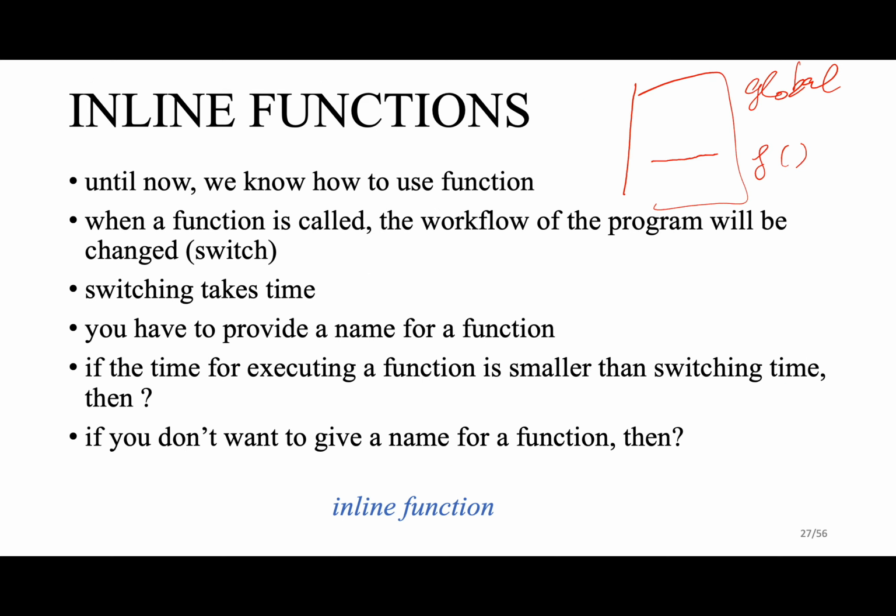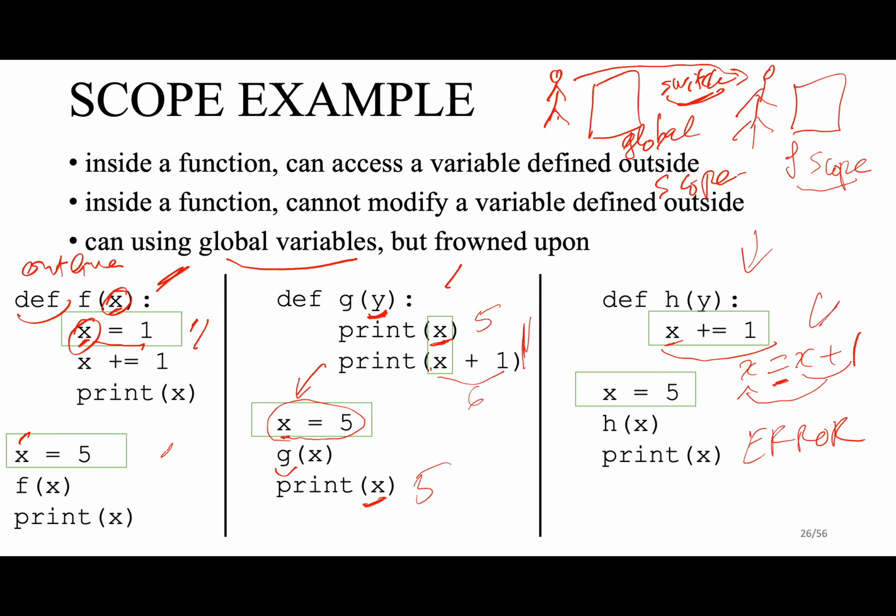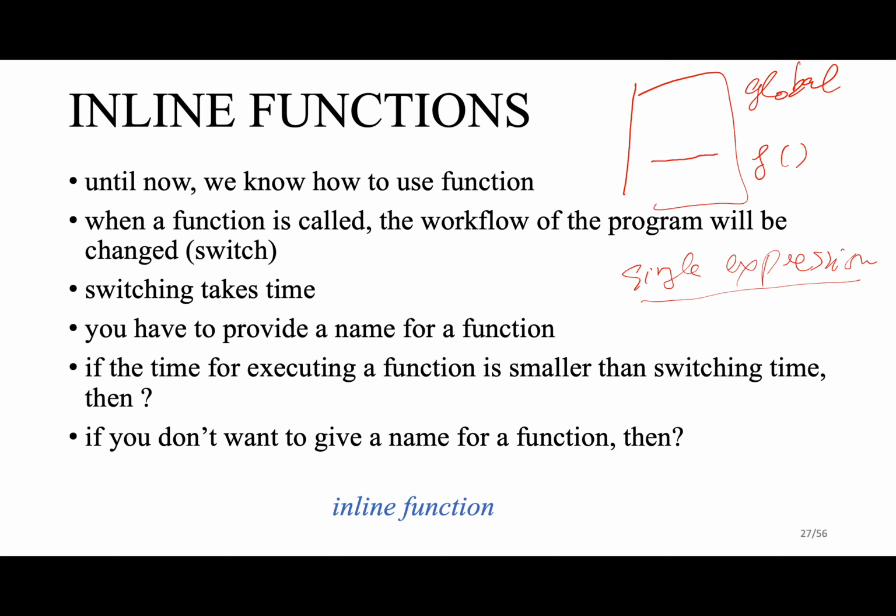Yeah. So in which case do we need to use inline function? If you have a function that has just a single expression and the time to execute a single expression is faster than the transfer of scope, then you should use inline function.